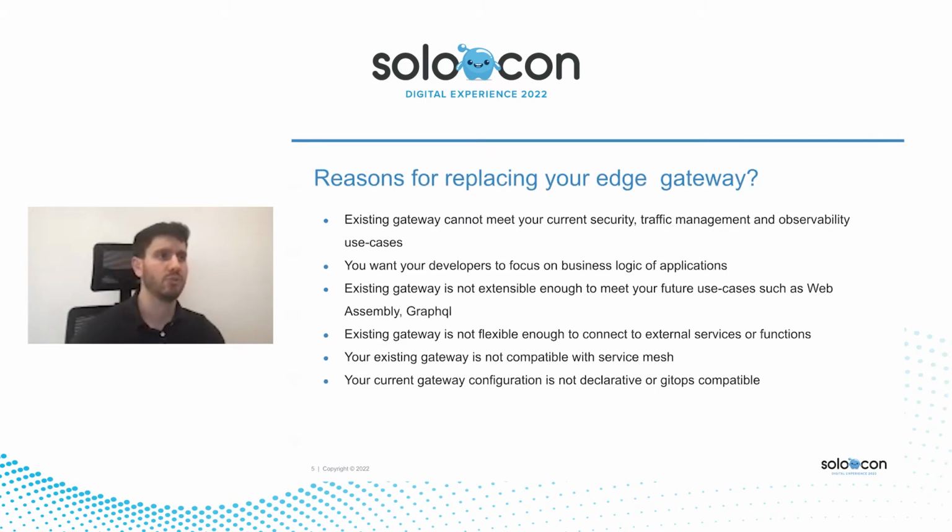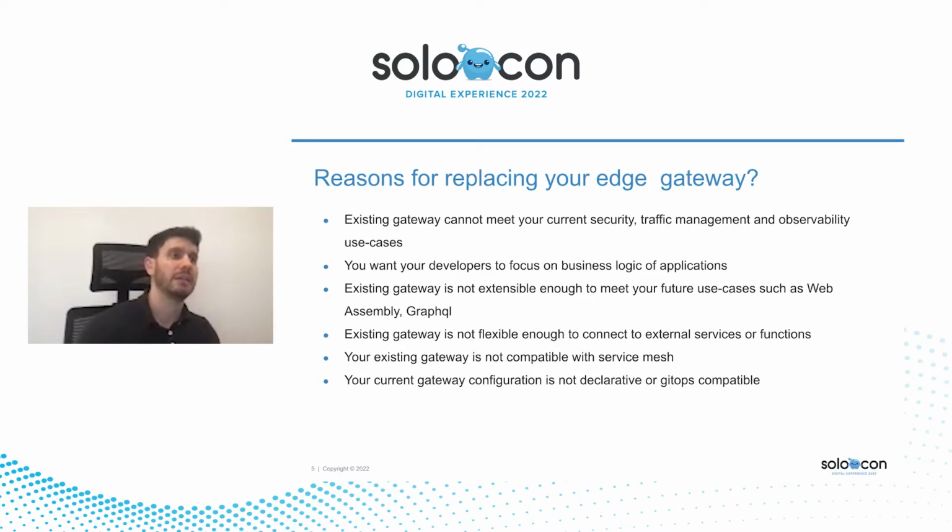There are many reasons why you might consider replacing your existing gateway with a more modern and feature-rich API gateway. It might be that your existing gateway cannot meet your traffic management and security and observability requirements.